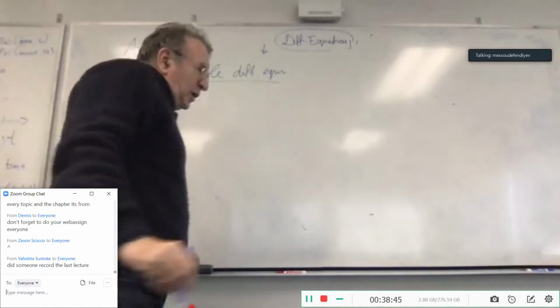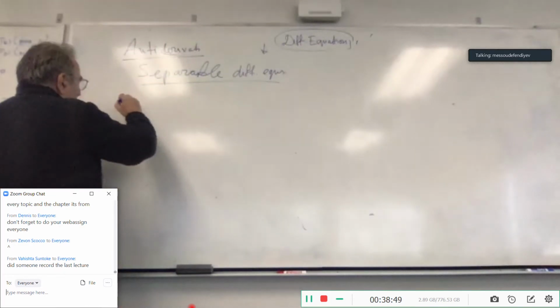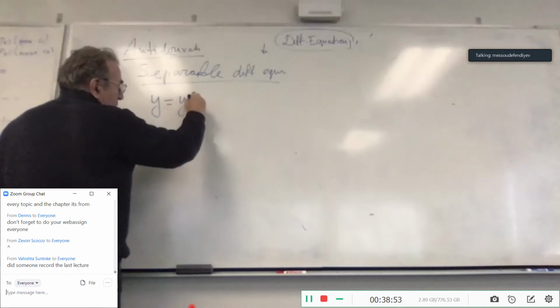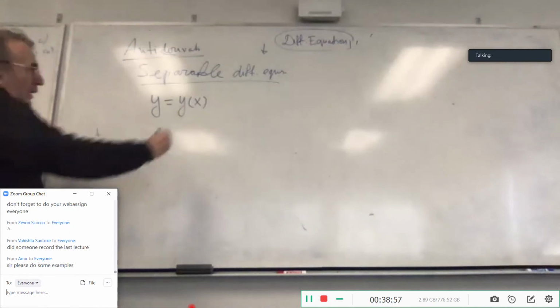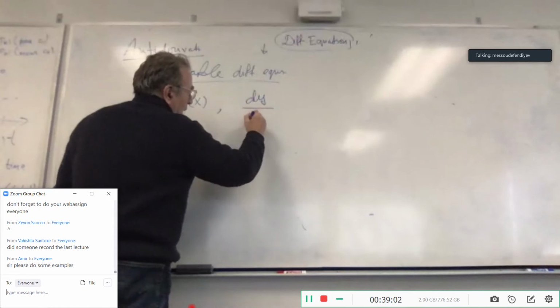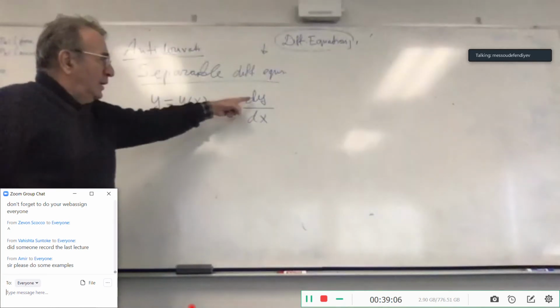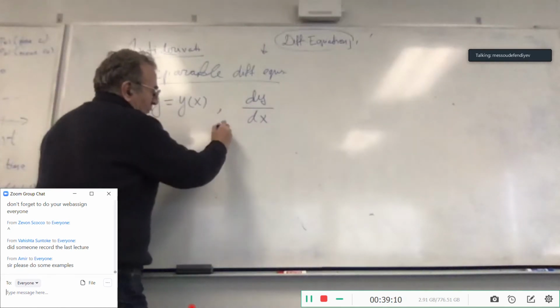So separable differential equations have the following form. We are looking for y equal to y of x, and whose derivative I will write again. I know that you like this form, the derivative, but sometimes, if you don't mind, I will write y prime of x.